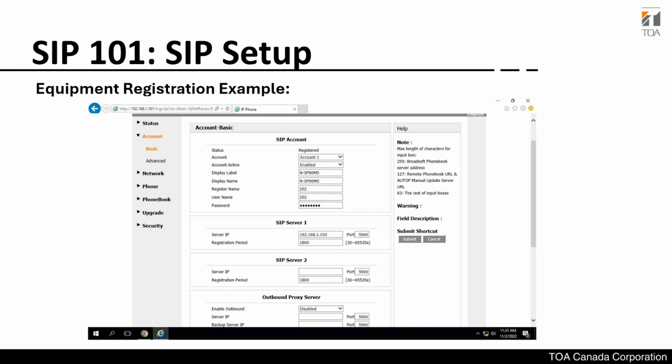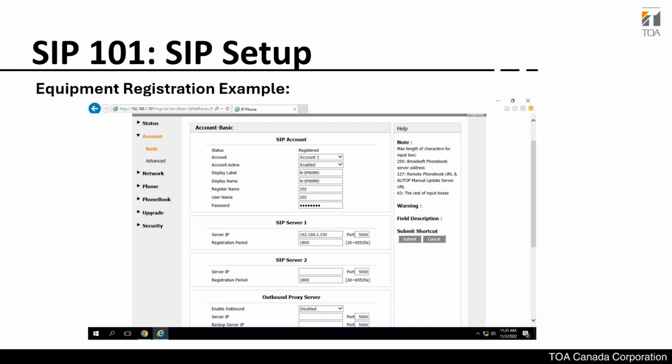It means the registration with the SIP server was successful. Below are the SIP server 1 IP address and the registration period of 1,100 seconds. It's the period at which the SIP server checks whether the device is still online.